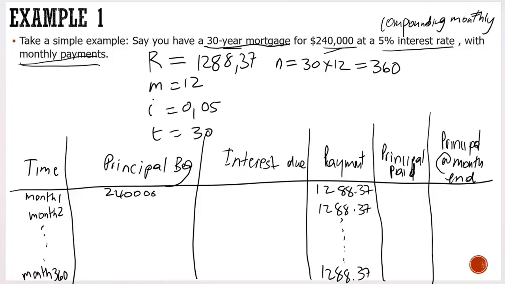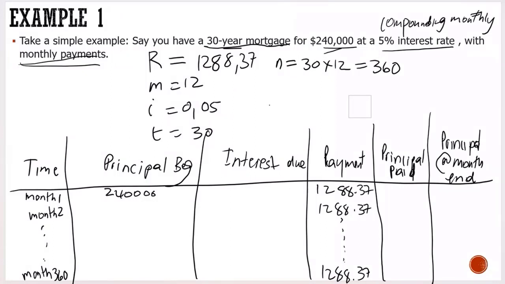You are doing this for 12 months, and you are going to be dividing by 12. Remember when we were doing a simple interest calculation? You divide your time by the number of compounding periods. So your interest is going to be equal to PRT.